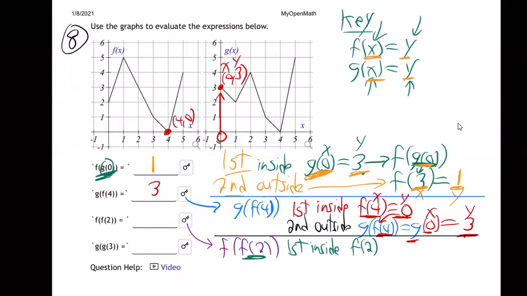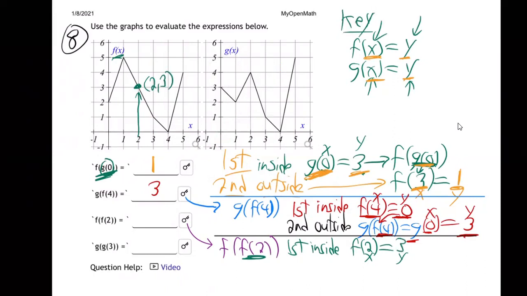Now what's that? Well, you know, X is plugged in, Y comes out. So you go to the F graph, which is this one over here, plug in 2. Boom, there's the dot, over 2, up 3. So out comes a Y value of 3.